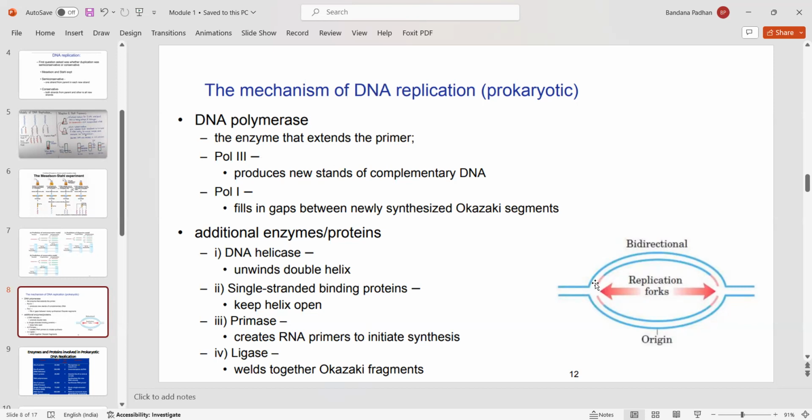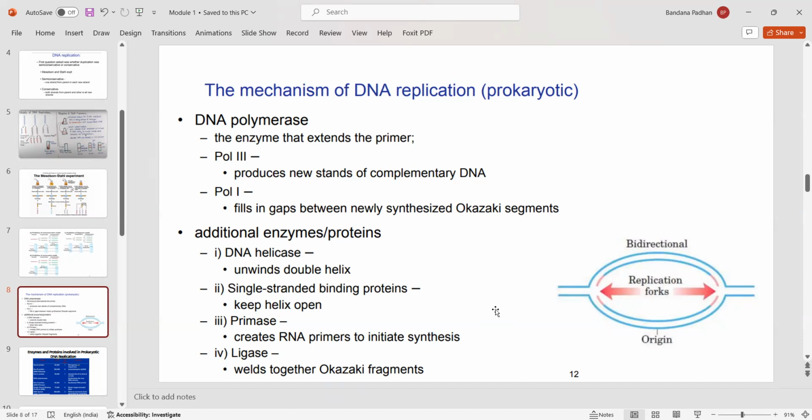The main key enzyme is DNA polymerase, and in prokaryotes there are three types: DNA polymerase 1, DNA polymerase 2, and DNA polymerase 3. Out of these three, only DNA polymerase 3 is the main key enzyme for the synthesis of DNA, whereas DNA polymerase 1 and 2 are used for repair and for filling the gaps between Okazaki fragments during elongation.